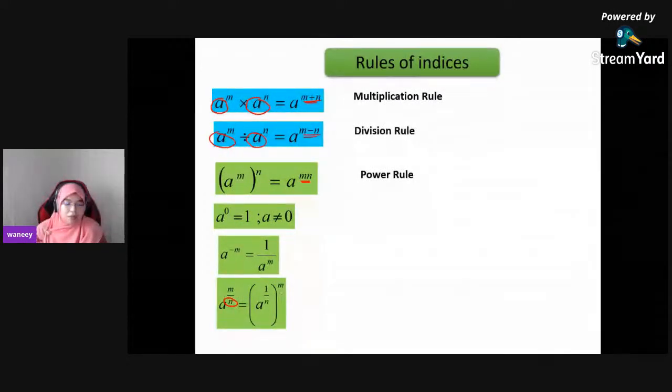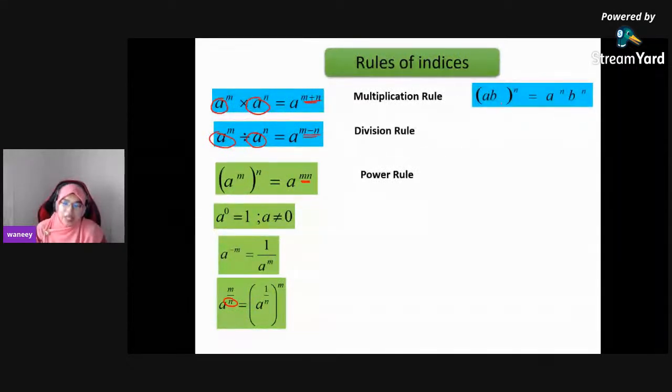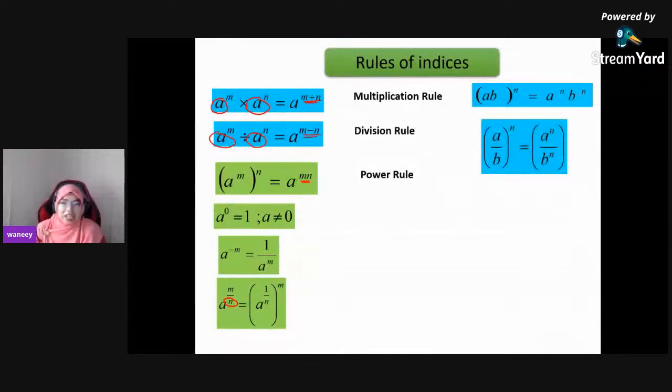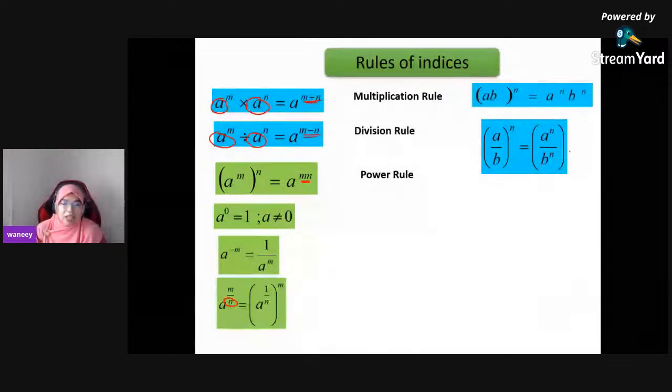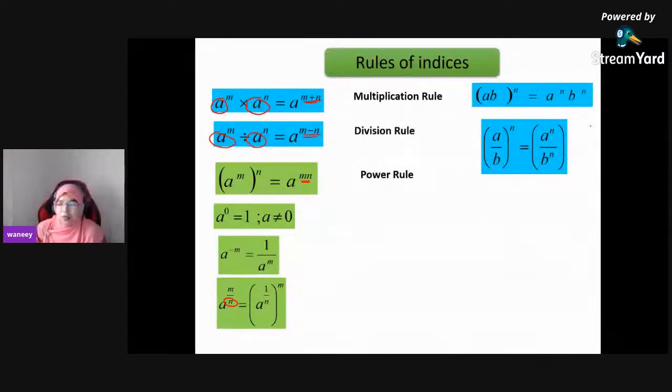So m will become the power and the root is 1 over n. If you have a multiplied with b to the power of n, you can simply apply the power for each of them. So a to the power of n, b to the power of n. Another one, a over b to the power of n, so that is simply a to the power of n over b to the power of n. So those are the rules that we have to remember.